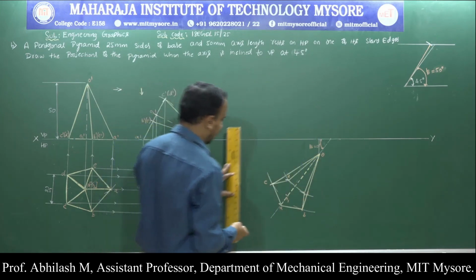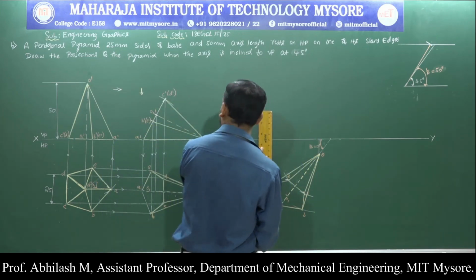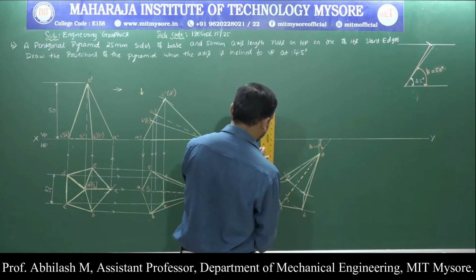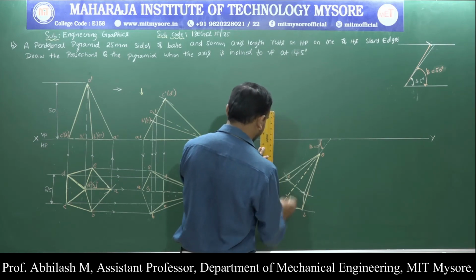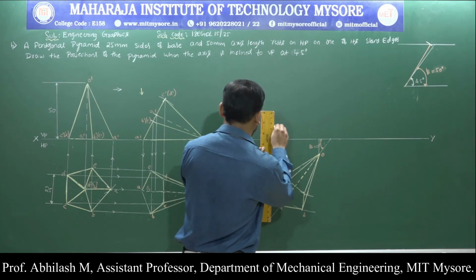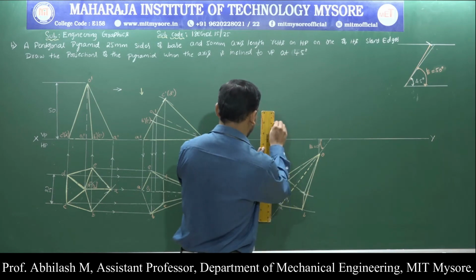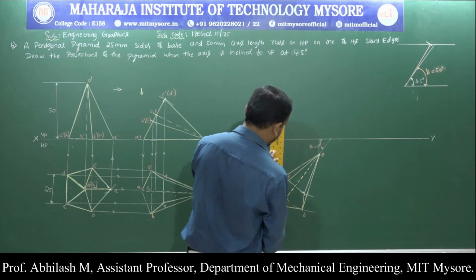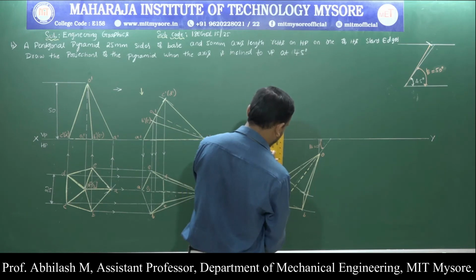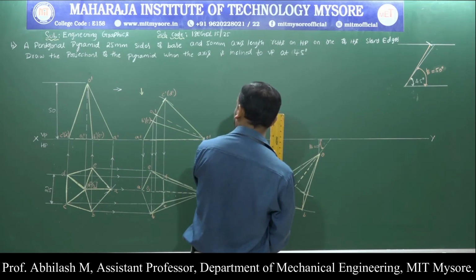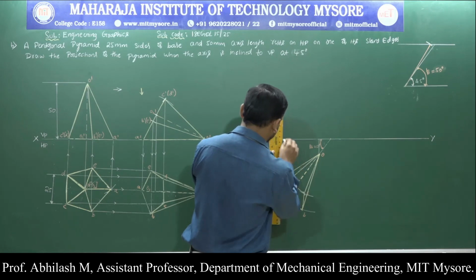Again from the point E, I am supposed to draw the projection line. From the point A, supposed to draw the projection line.